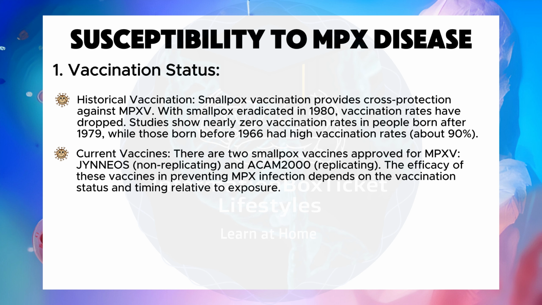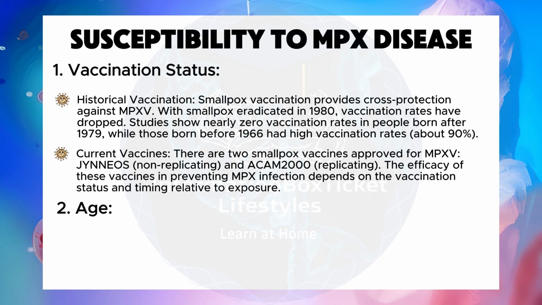Current vaccines: there are 2 smallpox vaccines approved for MPXV, Jynneos, non-replicating, and ACAM 2000, replicating. The efficacy of these vaccines in preventing MPX infection depends on the vaccination status and timing relative to exposure.